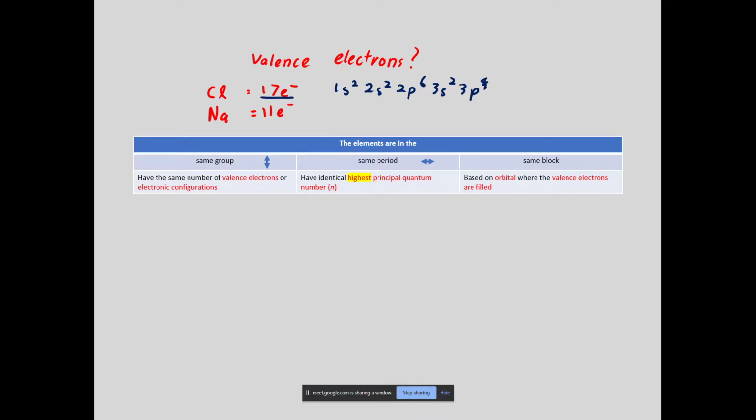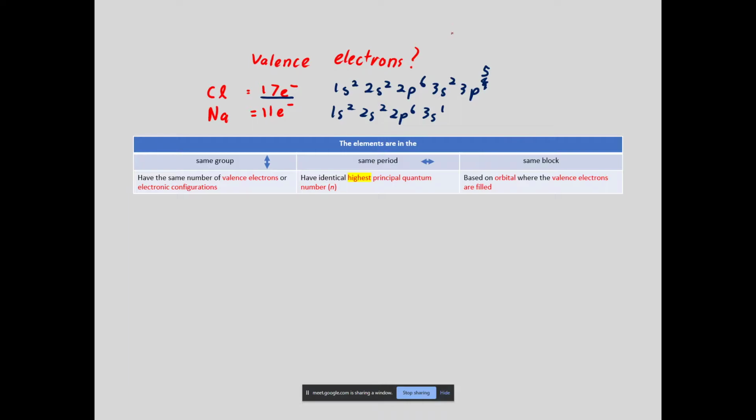Kita ada 2. Okay, 7 tolak 2 berapa? 5 kan? And then untuk sodium, we have 1s2, 2s2, 2p6, 3s1.